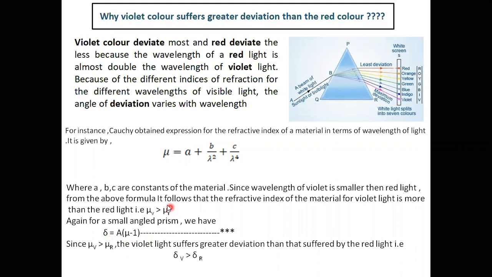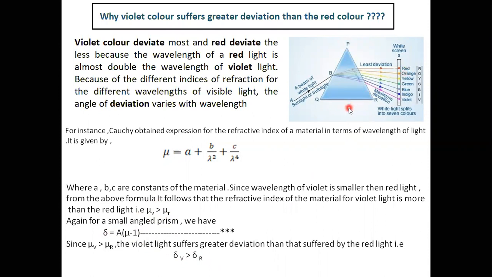Since we have seen that the refractive index of violet is way greater than that of red, we can derive that the angle of deviation for violet is way greater than that for red. That's why violet is deviated the most and red is deviated the least.